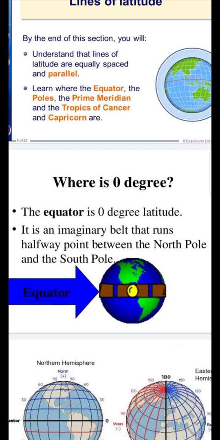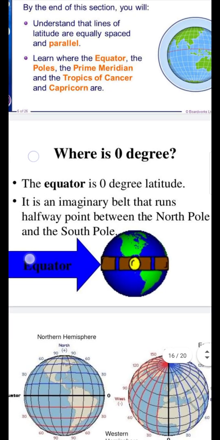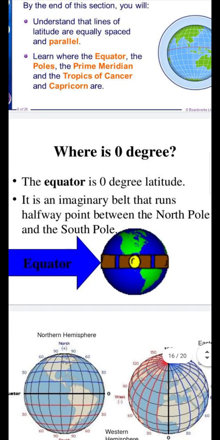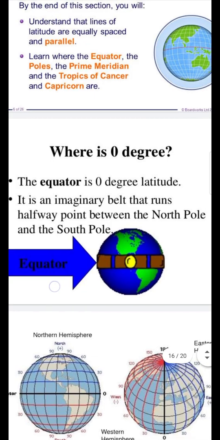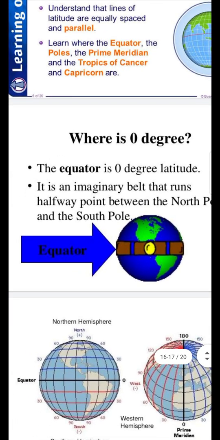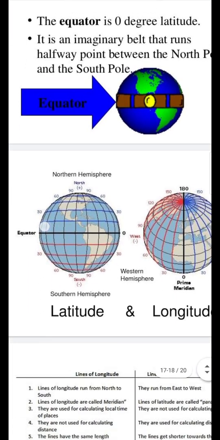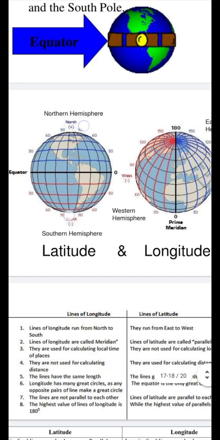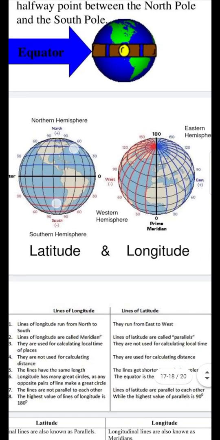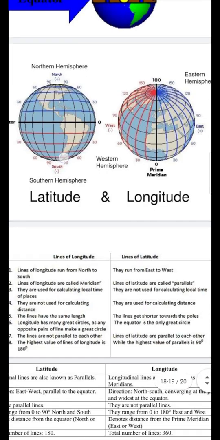Where is 0 degrees? The equator is 0 degrees latitude. It is an imaginary belt that runs halfway between the North Pole and the South Pole. These are the diagrams you have to draw in your copy.